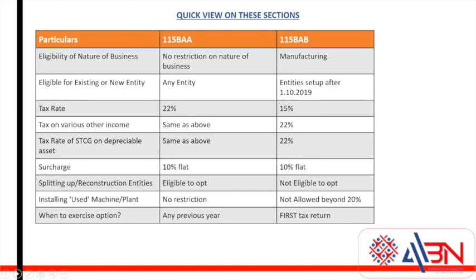So quickly to summarize, if you are a proprietor or an LLP and you are planning to buy new machinery now, instead of buying in your existing organization, you can set up a new manufacturing private limited company and enjoy 15% tax on whatever you produce and sell, which is a huge tax saving.